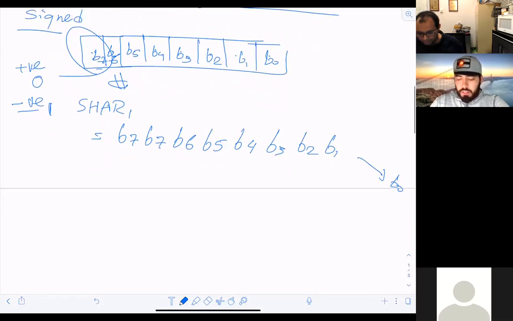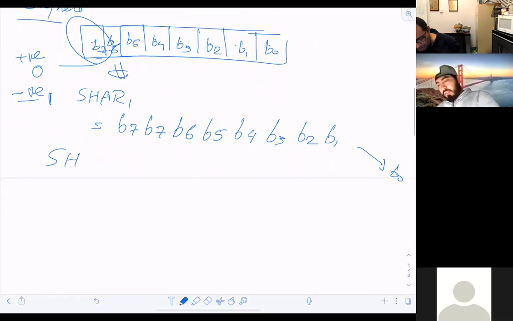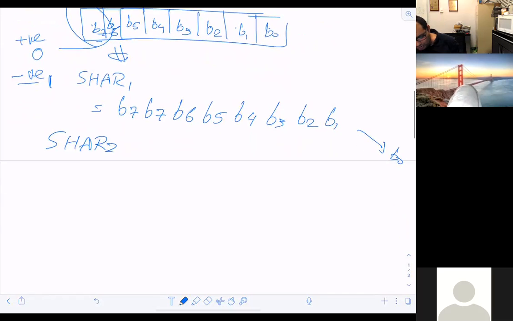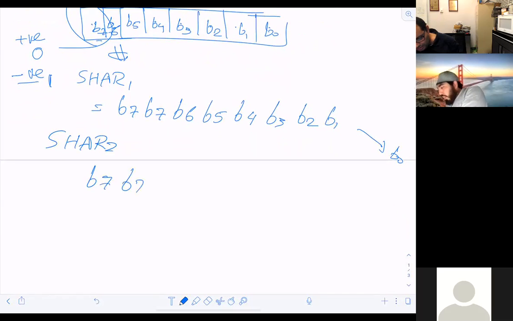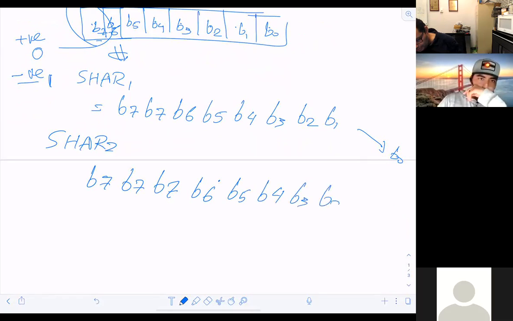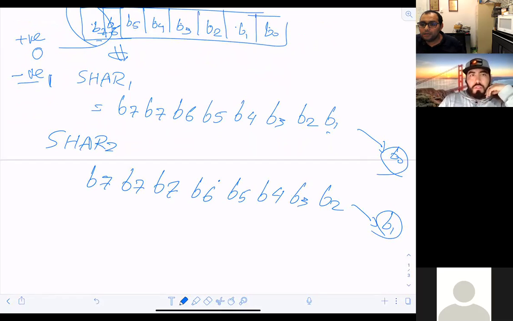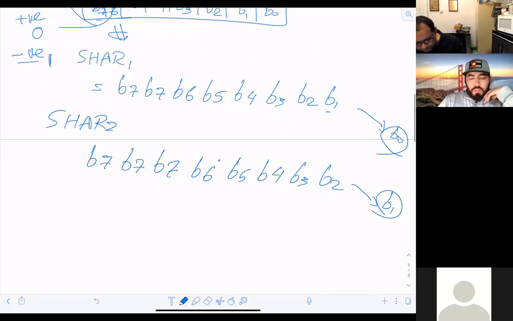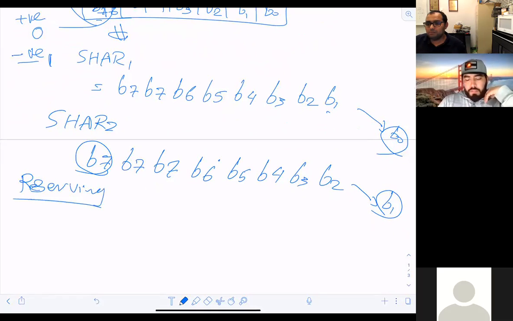Now shift arithmetic right 2 is going to be B7, B7, B7, B6, B5, B4, B3, B2, and B1 is out. I don't care about it anymore. What I'm doing here is preserving the sign.